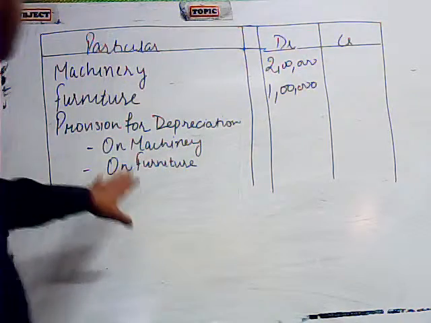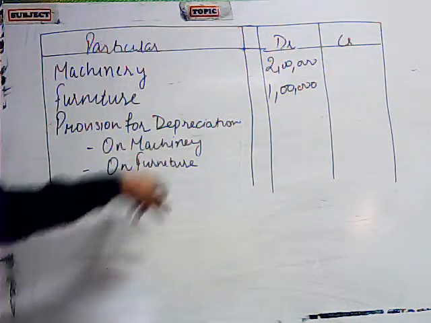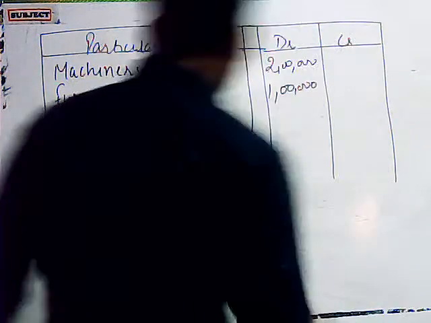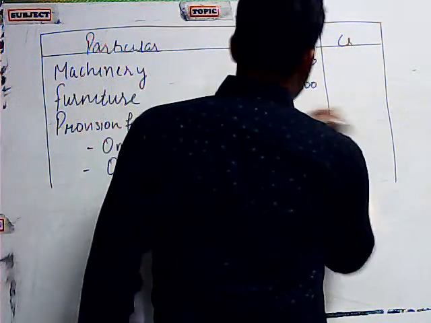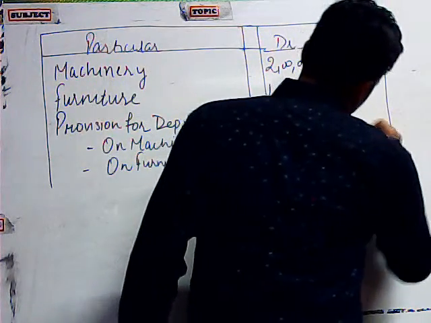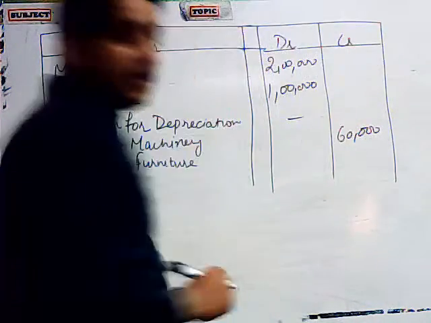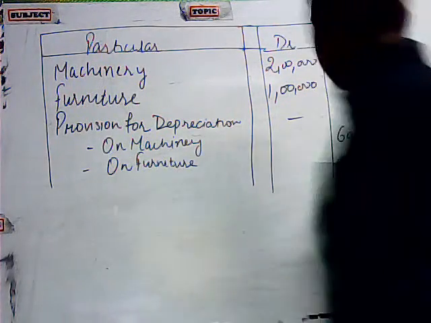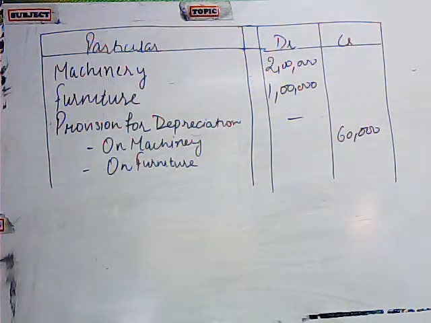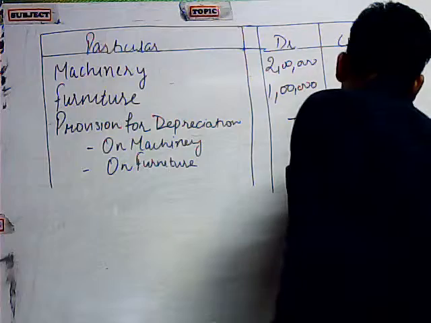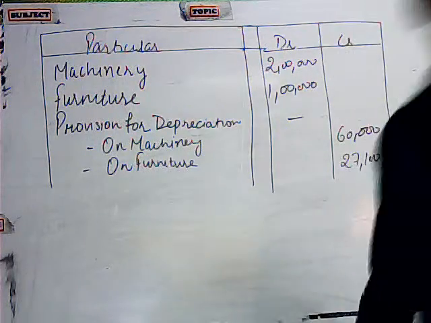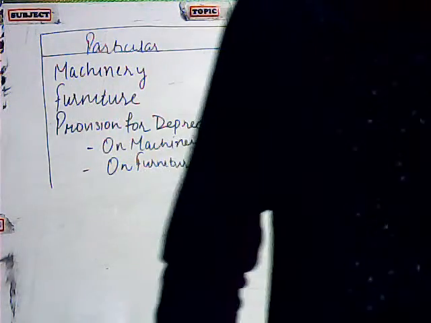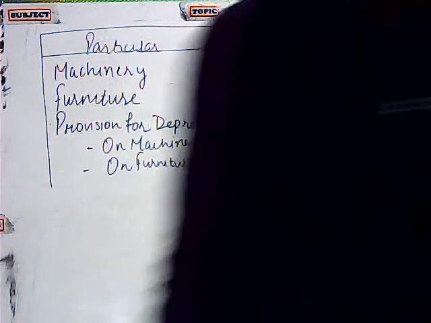Write down provision for depreciation of machinery. We can say that the value is 60,000 rupees. And the value of furniture under the provision for depreciation is 27,100. If you are having the TS Grewal book, you can refer to page number 19.10.